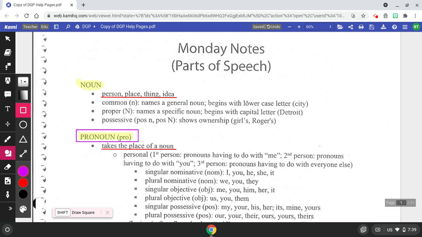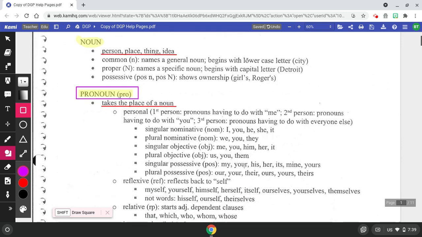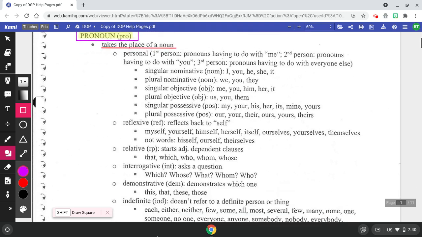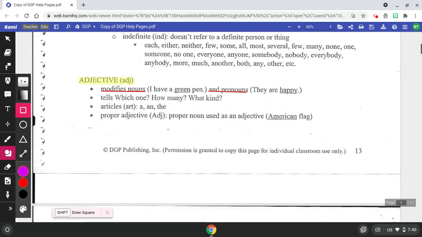I'm not going to box all of those, but I'm going to box pronouns because if you see any of these words in your sentence, what are you going to label them? You're going to label them PRO for pronoun. We're also going to label them in some other ways, but I'll get to that too. But a pronoun is the first way that we label these words that are given to us, okay? It'll make more sense when we do a sentence if you're confused.